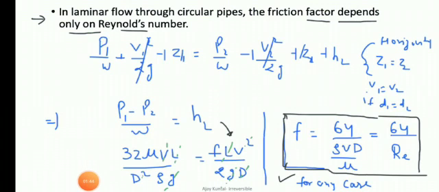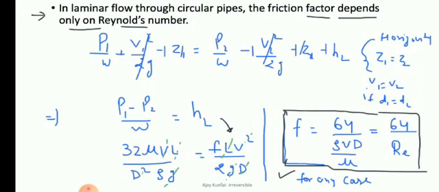Now, if asked, we can prove that for laminar flow through a pipe, the friction factor depends only on the Reynolds number. You can see from Bernoulli's equation, P1 by omega plus V1 square by 2g plus Z1 is equal to P2 by omega plus V2 square by 2g plus Z2, right?